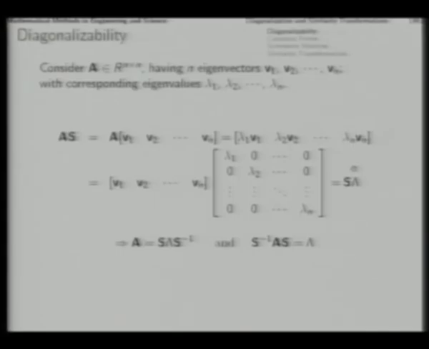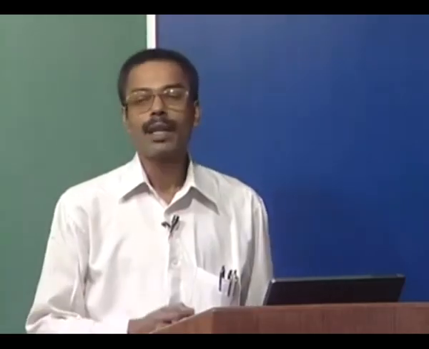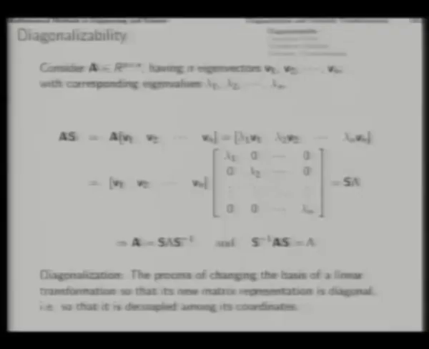Now, if we post multiply this equality with S inverse, then from this side S gets cancelled, here we get S lambda S inverse. That means that A can be expressed as S lambda S inverse, where lambda is the diagonal matrix with eigenvalues sitting at the diagonal locations. Similarly, if we pre-multiply both sides of this relationship with S inverse, then we get S inverse AS is equal to lambda.